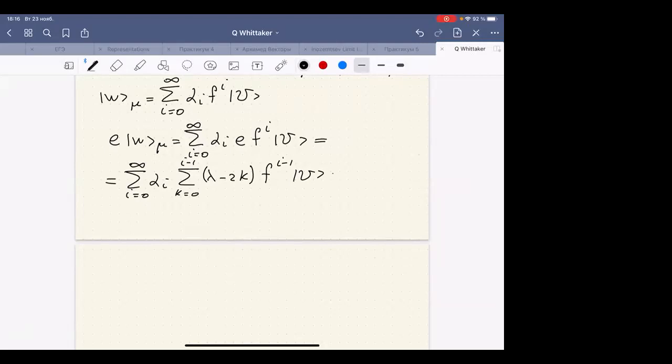So we want to perform a summation of an arithmetic progression. It will be quite difficult.